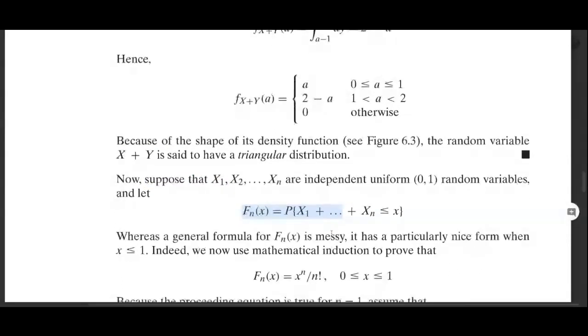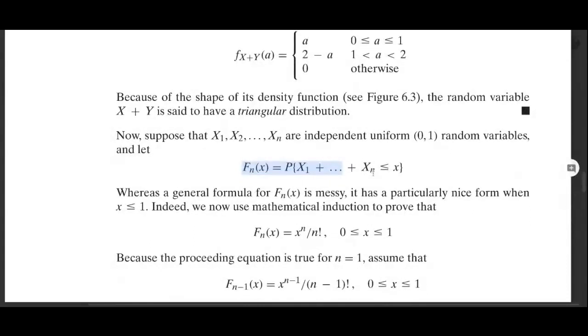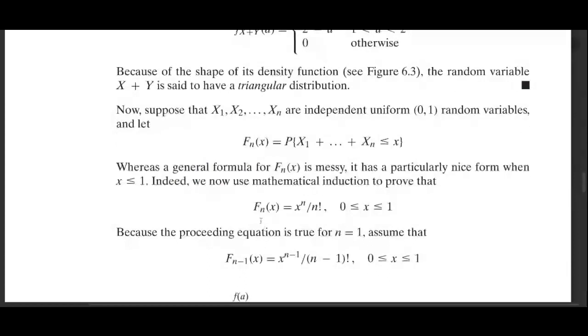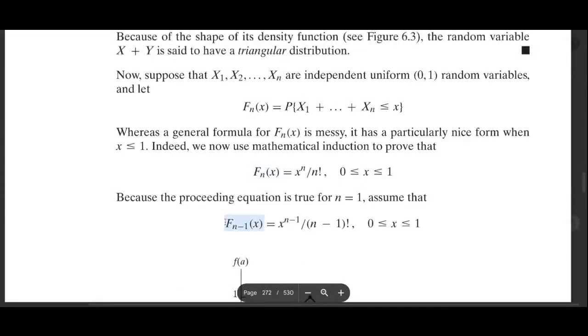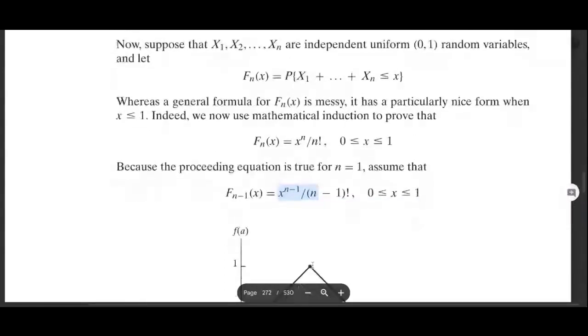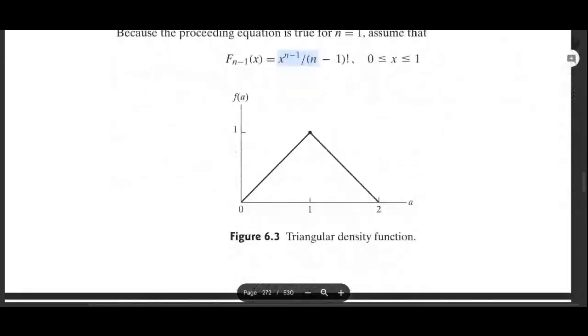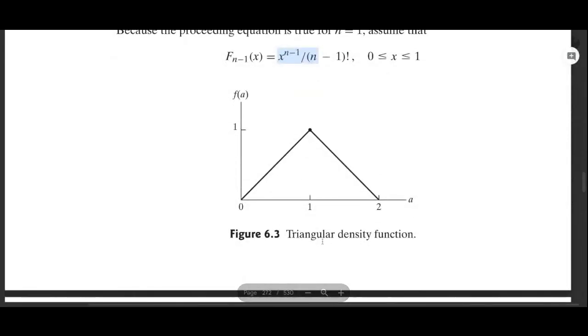So for the finite sums, the n convolutions, we get Fn(x) equals x to the n divided by n factorial, for x going from 0 to 1. F(n−1) would be x to the power n minus 1 divided by n minus 1 factorial. So that is the triangular density function.